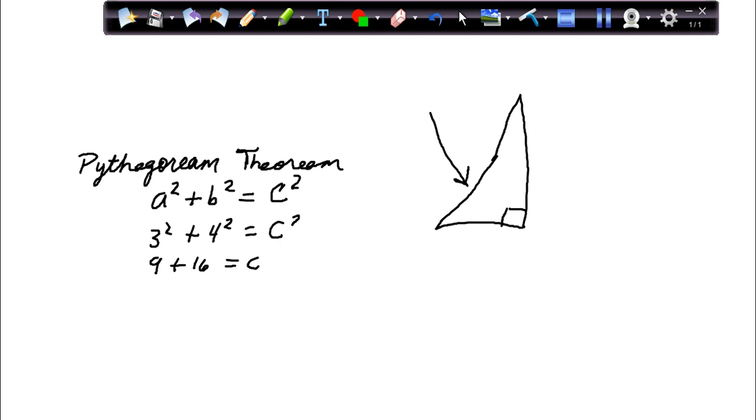So we're solving for what? Solving for c. 16 plus 9 equals 25. And bring down c squared.